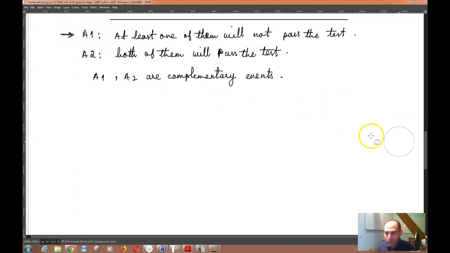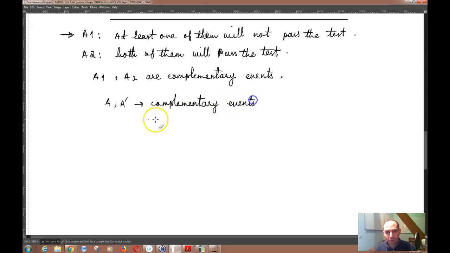Now, since A and A prime are complementary events, there is this relationship between A and A prime: P of A prime plus P of A is equal to 1. And so based on this you can write P of A1 plus P of A2 is equal to 1.